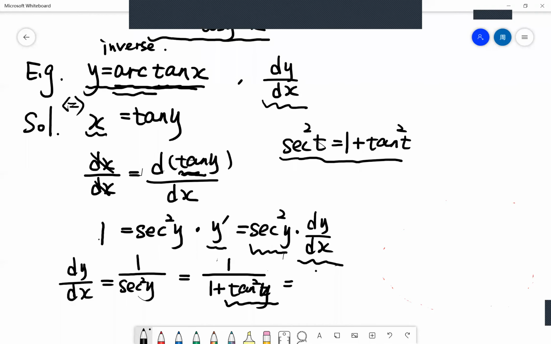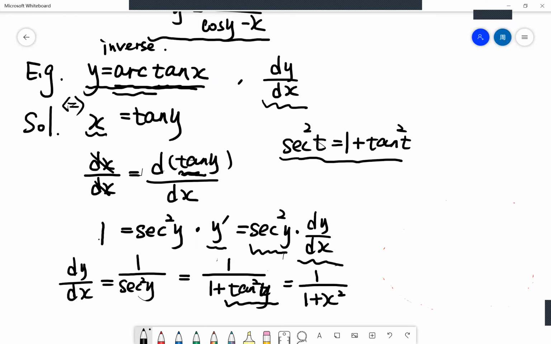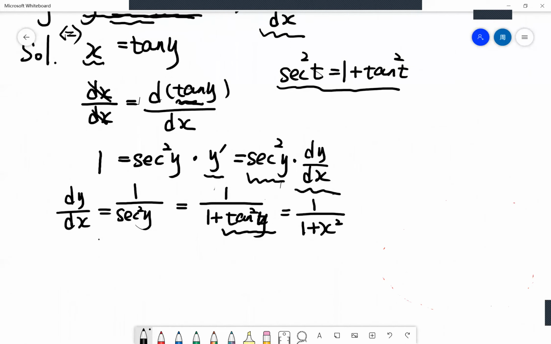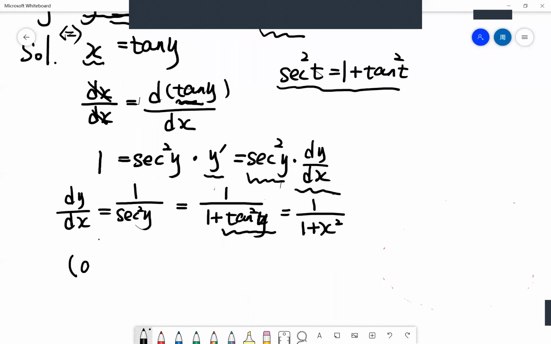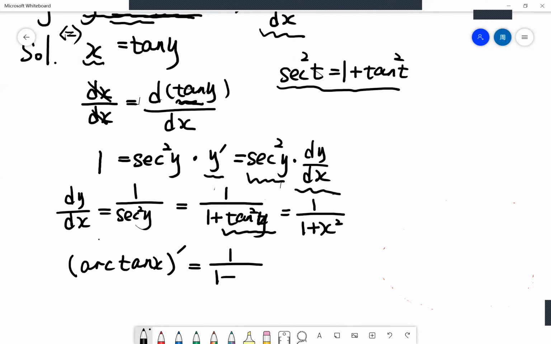So that is 1 by 1 plus x squared. It is a very common formula to calculate derivatives: the derivative of arctangent x equals 1 by 1 plus x squared.